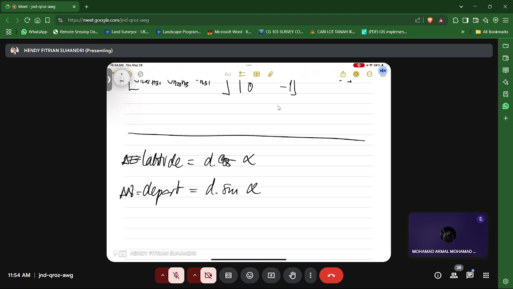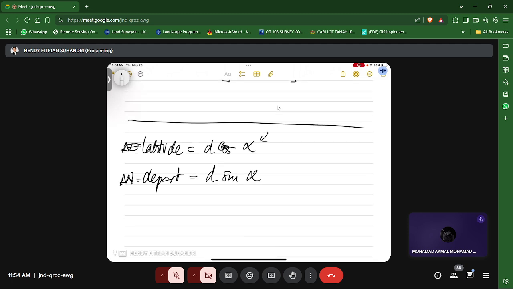Apa dependent variables di sini? Adalah latitude and departure. Apa independent variable? Adalah D dan alpha. So setiap persamaan latitude dan departure diturunkan terhadap D dan alpha. Bila kita masuk pada persamaan pertama, maka ni dou latitude over dou D, turunkan terhadap D. Kemudian untuk kolom kedua pada matriks itu adalah dou latitude diturunkan terhadap dou alfa.